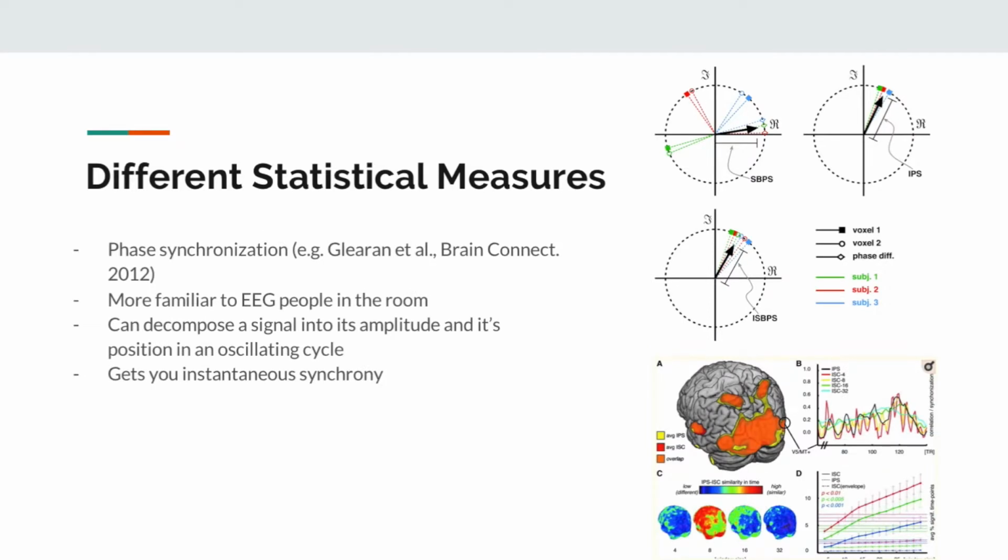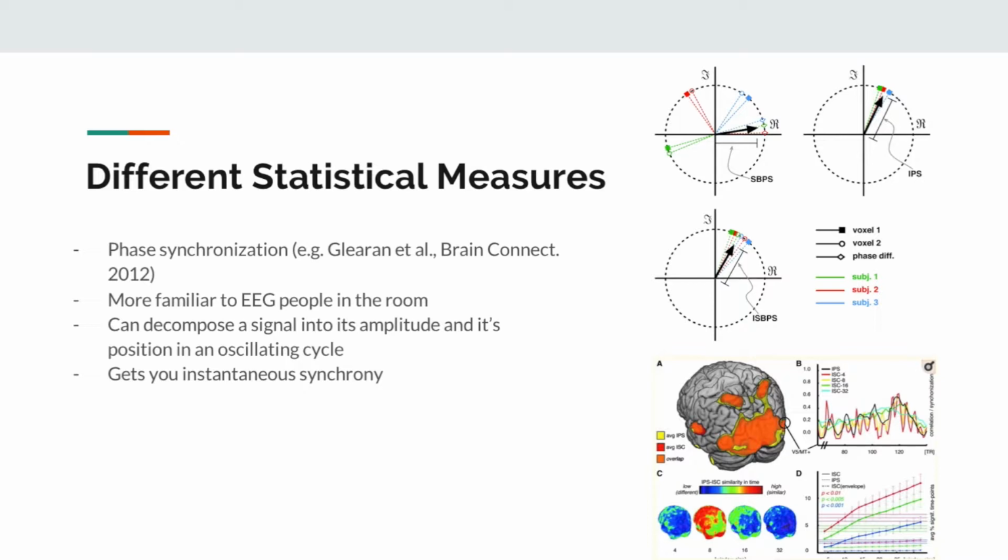Some other statistical measures you can use are called phase synchronization. This builds on the fact that you can decompose a signal into both its amplitude and its position in an oscillation. Because our signal is non-stationary, going up and down in a kind of regular oscillatory pattern, you can harken back to 8th grade geometry and remember that in these cyclical patterns, you could plot the data on a circle instead of just an XY plane.